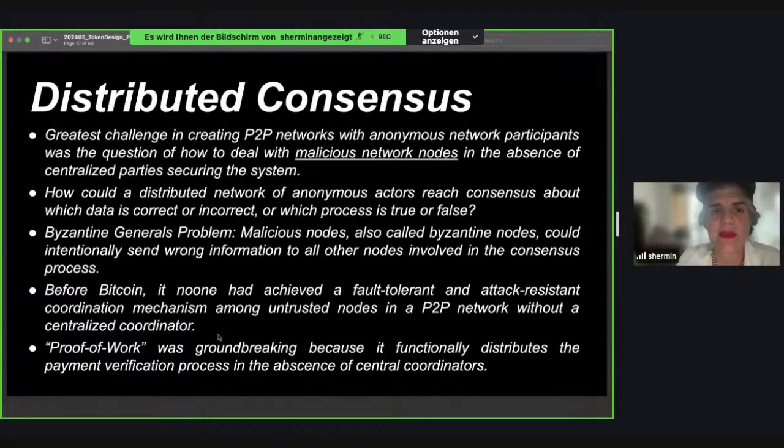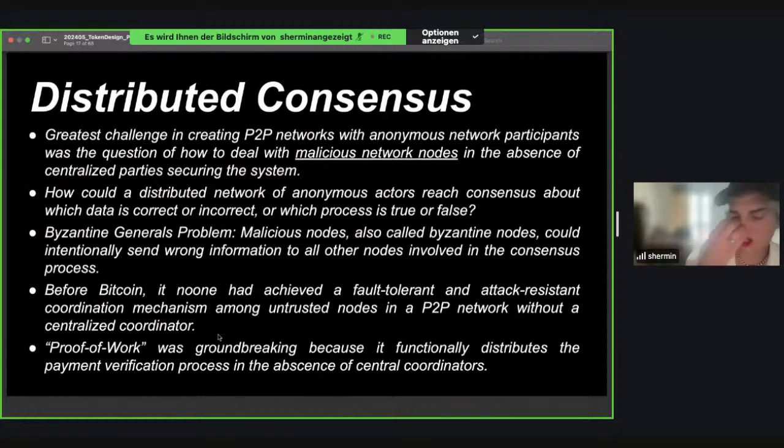Distributed consensus in a payment network means that the greatest challenge was that in an anonymous network of participants, any malicious network nodes can compromise the system in the absence of centralized parties securing the system. So the question, as previously mentioned, was how could a distributed network of anonymous actors reach consensus about which data is correct or incorrect and which process is true or false?